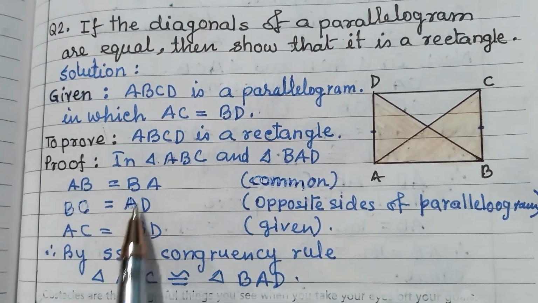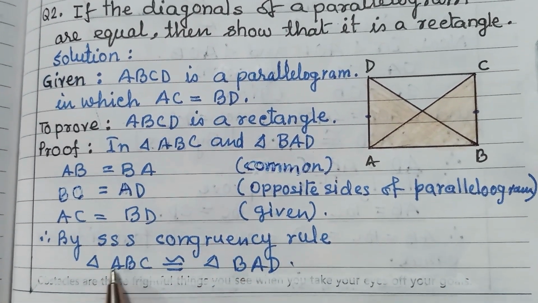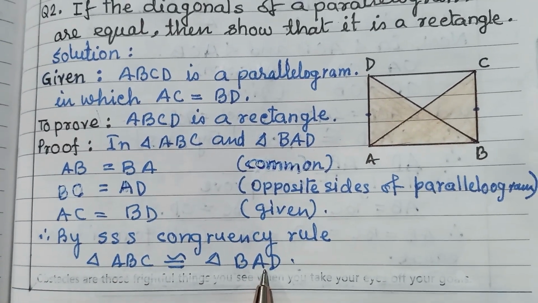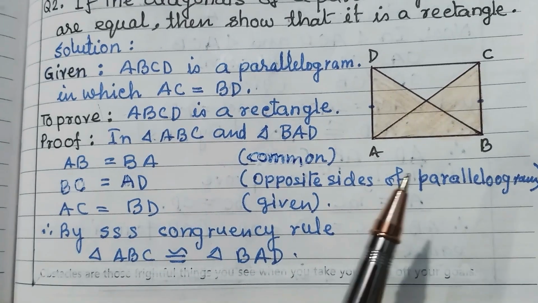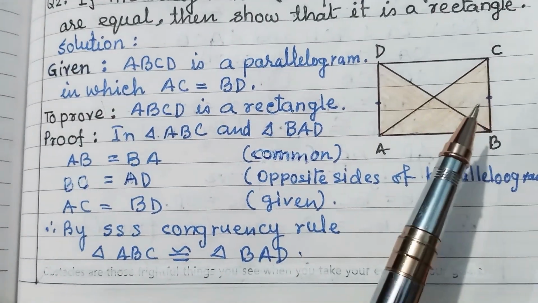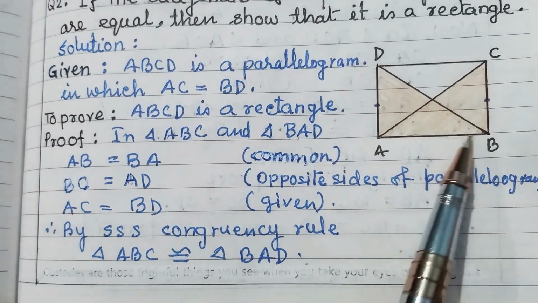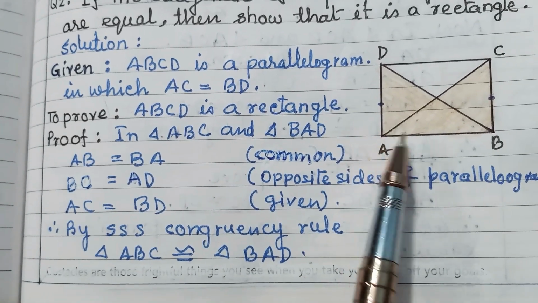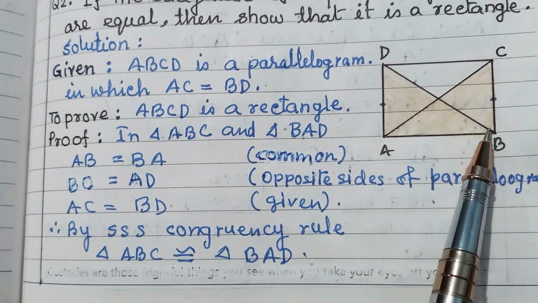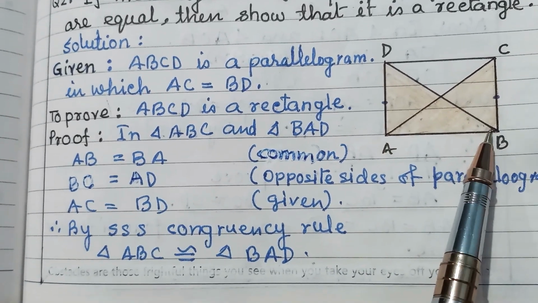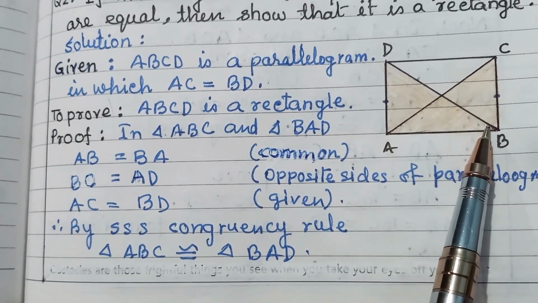Now by SSS property, these two triangles are congruent. If they are congruent, we can say that angle A is equal to angle B, and angles A and B are co-interior angles. So therefore each is 90 degrees.